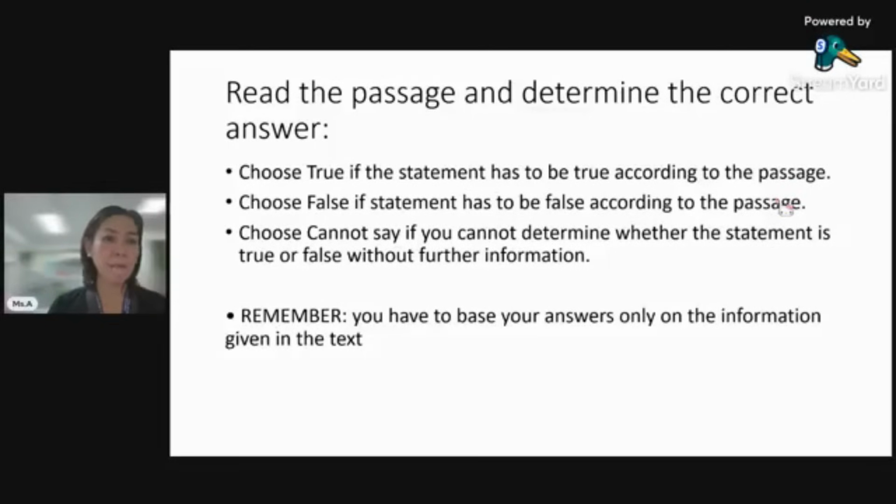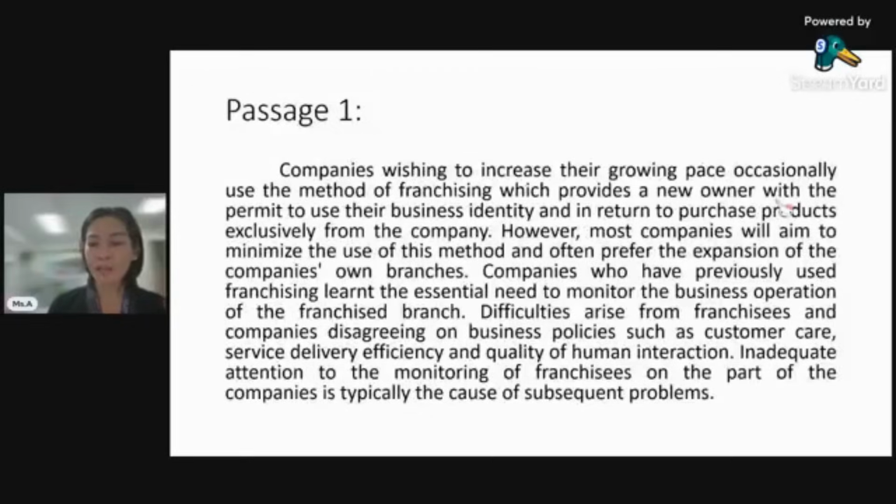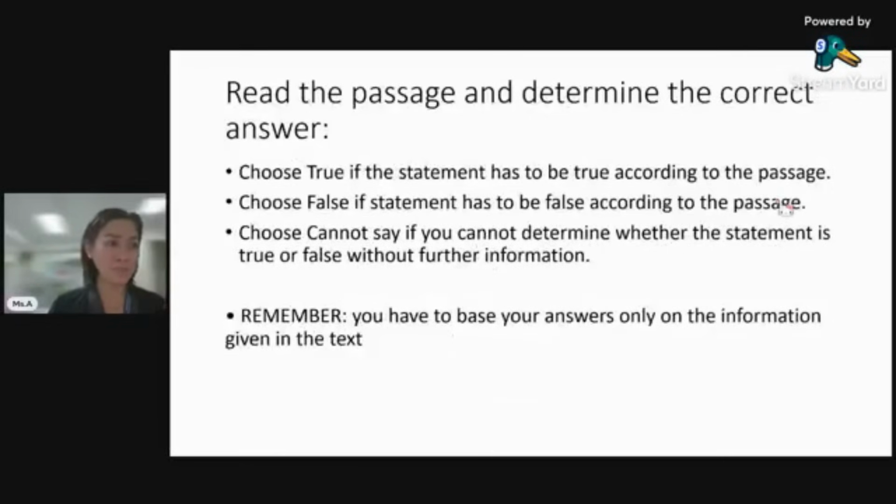Pero here, you'll just have to choose, or rather, if the statement given is true, of course, you really have to make sure that the statement in that passage or those passages that will be given is true. So, hindi mo iisiping mabuti base sa alam mo. Kung hindi, ibabase mo yung sagot mo dun sa given or sa binasa mo.